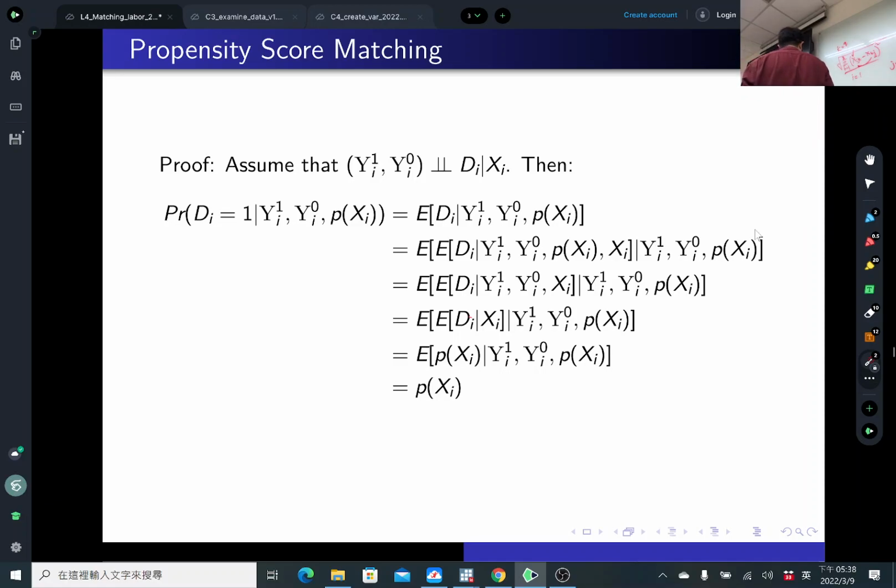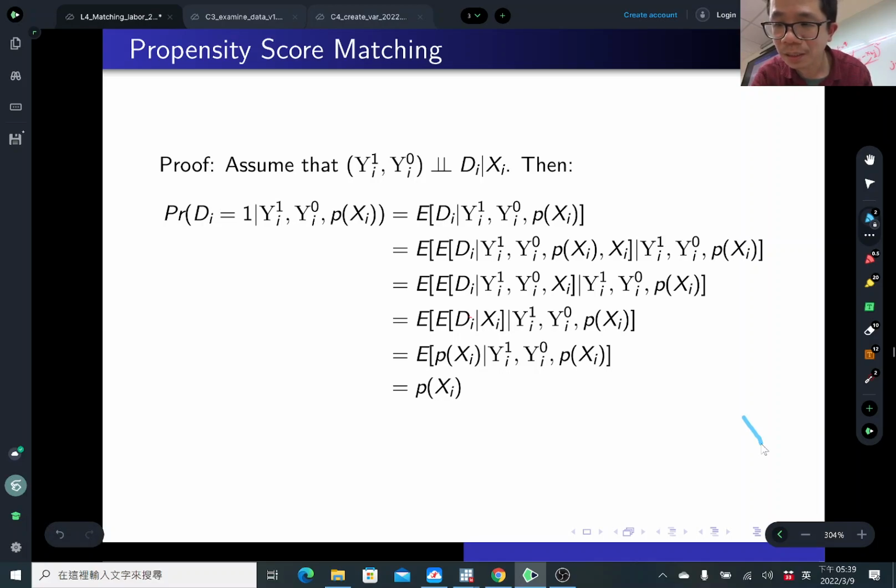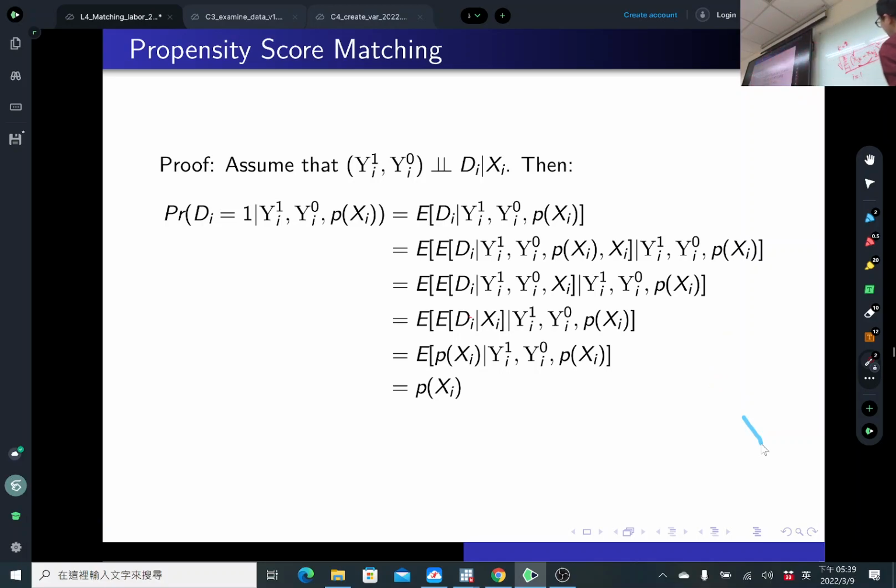So expectation. The first equality is because the expectation of D_i conditional on your potential outcomes and propensity score is, based on the expectation definition, 1 or 0, right?